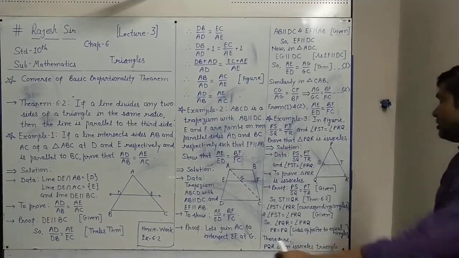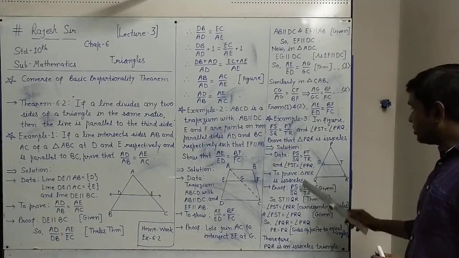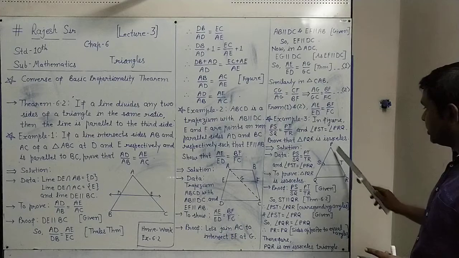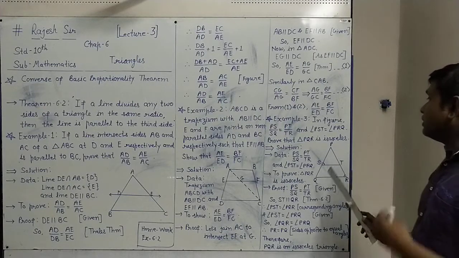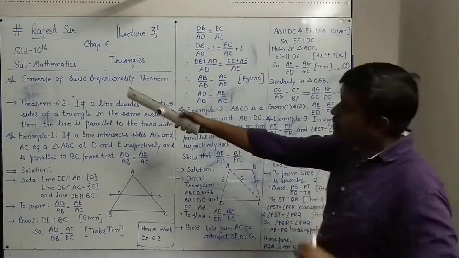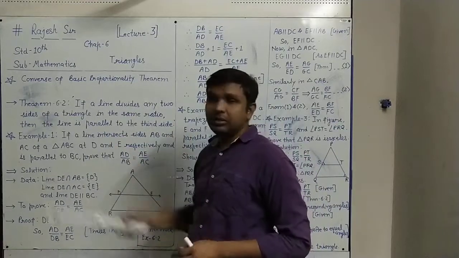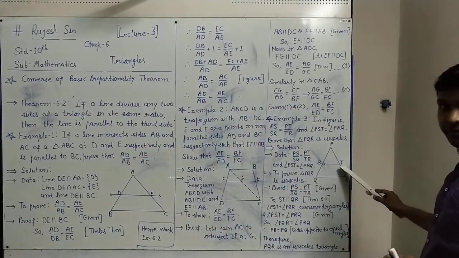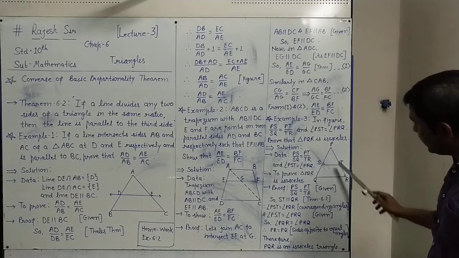So the proof is: as it is given, PS upon SQ equals PT upon TR. Converse of the basic proportionality theorem we can use. How can we use it? This line ST divides the two sides of this triangle in equal ratio.